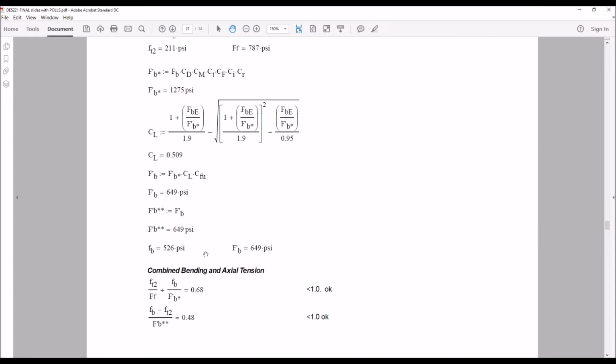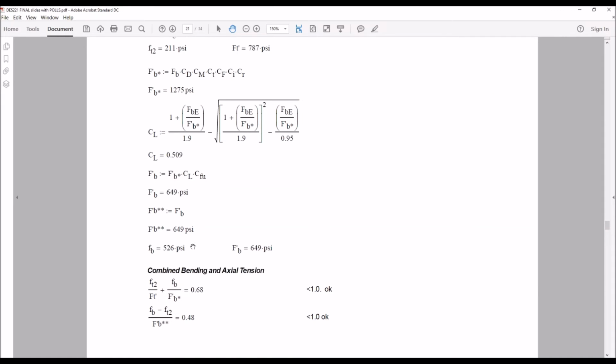The F sub B in this example would not be different from the previous load case, I'm sorry. So it would still be 526 psi because it's still using that WL squared over 8 equation, and the W is still that 8 pounds per square foot times that 4-foot tributary width.